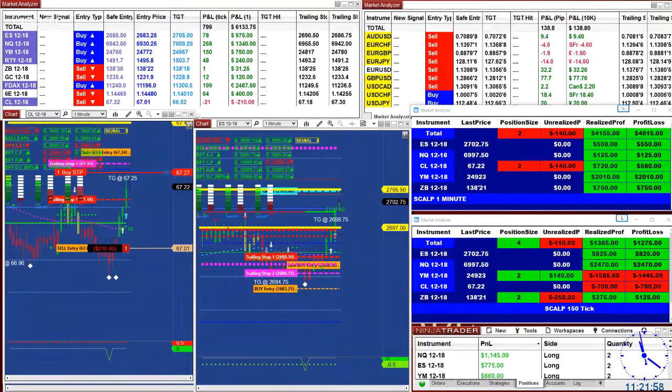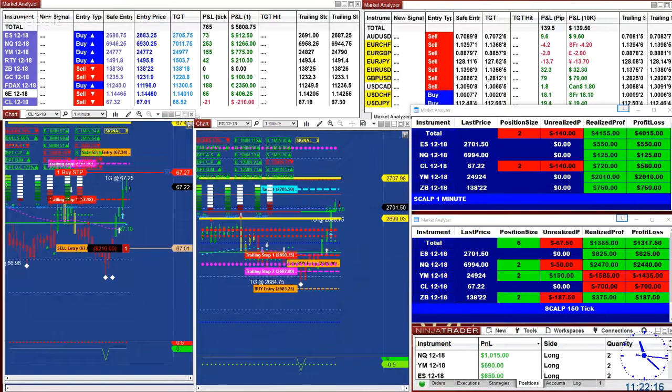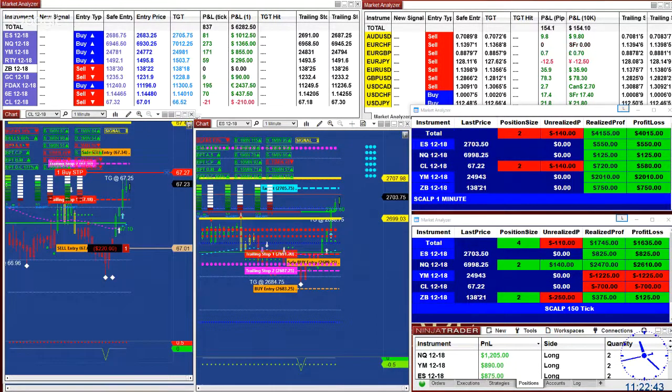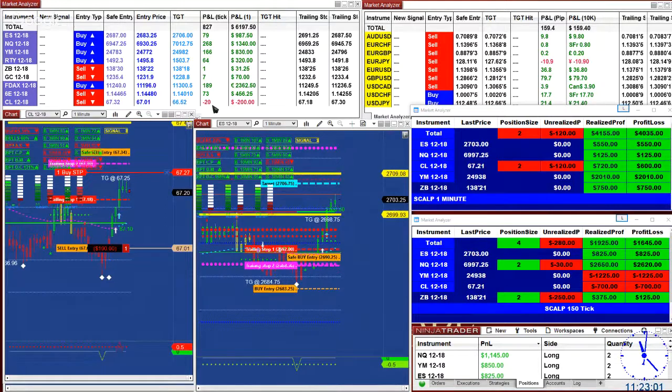That's good, Suresh. Very good, sir. If you notice, guys, the scalpers are not doing well on the CL, and on the market analyzer we are down 20 ticks.